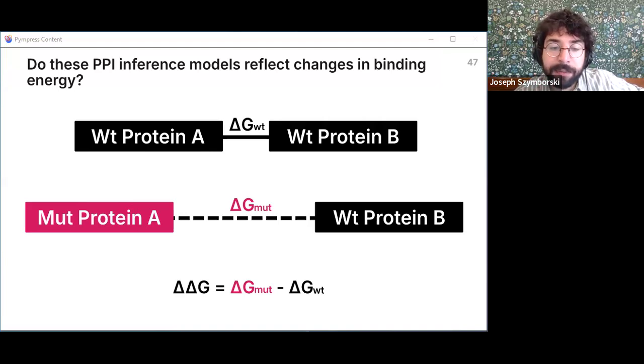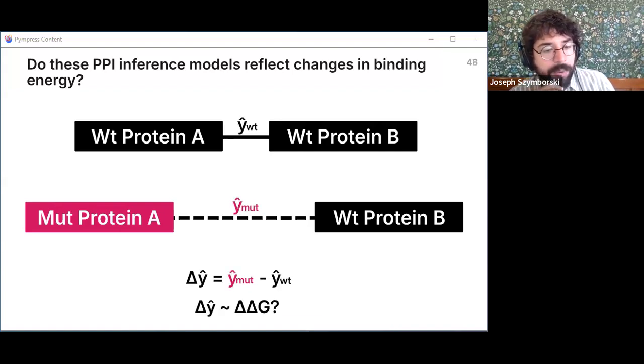So the idea being that if you have a point mutation in a protein that changes the free binding energy between that mutated protein and the wild-type protein, that's the change in delta delta G.